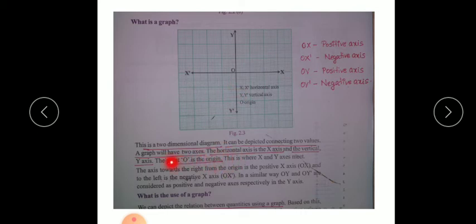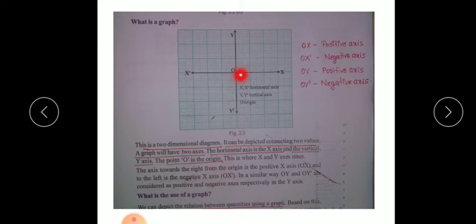And the point 0 is the origin. The point where this horizontal and vertical line meets, that point is known as origin. This is where x and y axis meet. So the meeting point is called the origin, or it is represented as O. The axis towards the right from the origin is the positive x-axis, and to the left is the negative x-axis.